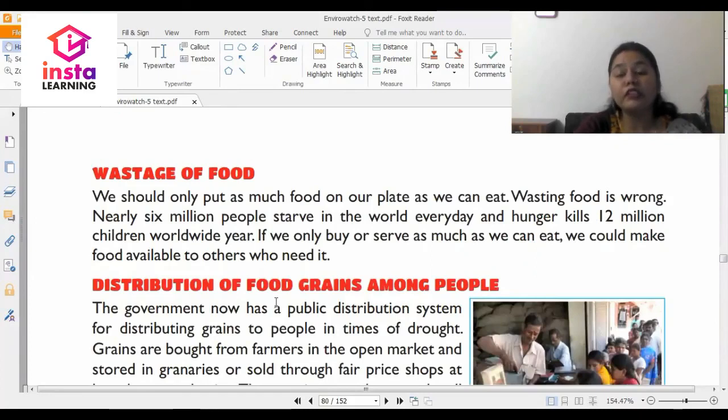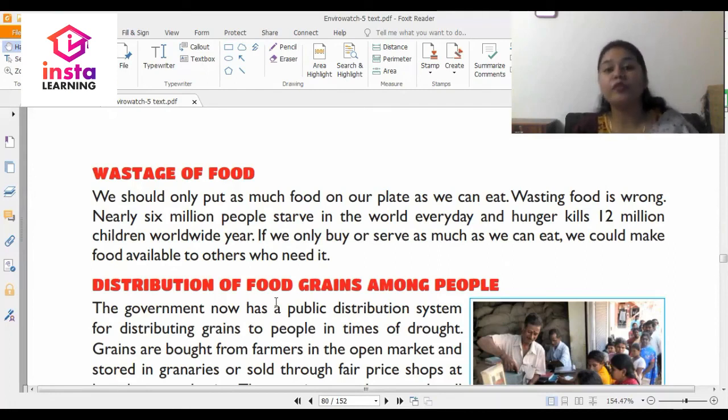When we talk about wastage of food, a few of us do it. Yes, we do. Sometimes it's our tendency to fill our plate to more than its capacity. And once we start eating, midway we realize, oh, we cannot eat that much, and we leave it. But have you ever thought there are some people who struggle to get even 3 meals a day?